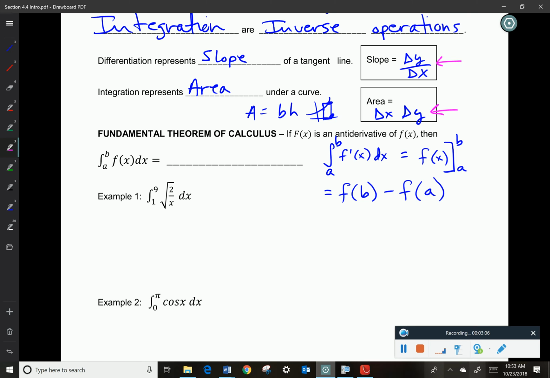The way you see it in the textbook, instead of saying that you're going to integrate the derivative, they say if you integrate f, again, it doesn't matter if we call it f or f prime, this is still a derivative of something. We're going to let the original of that one be called capital F. So if you integrate little f, it takes you backwards to its original, which is capital F. Then we evaluate that from a to b, which means you plug in b and then plug in a.